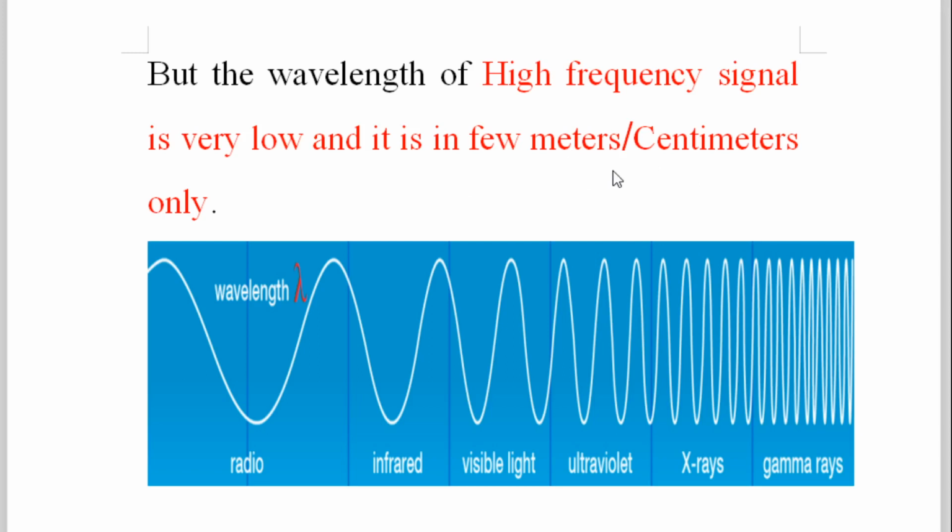If we transmit the low frequency signal, that is the information signal, with the help of a high frequency signal, then our problem will get solved, because high frequency signals are having lambda in centimeter and the size of antenna required will be in centimeter, and that logic let us apply.